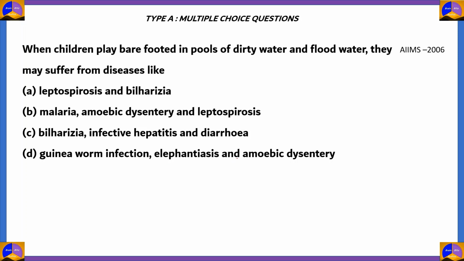Guinea worm infection, elephantiasis, and amoebic dysentery. Guinea worm infection is caused due to drinking water contaminated with fleas, and elephantiasis is due to mosquitoes transmitting filarial worm, and amoebic dysentery is caused due to flies transmitting it from feces to food, so by the fecal oral route.